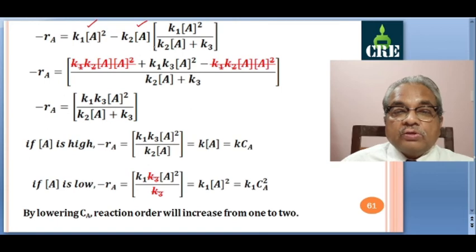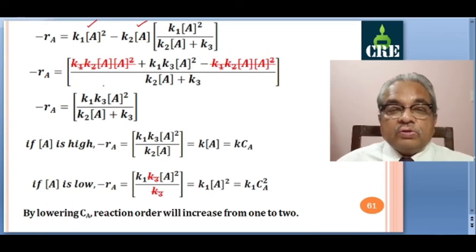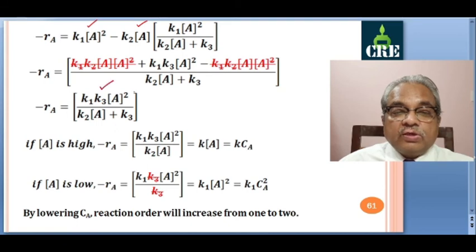Then you solve for this, K1 K2 A into A square and K1 K3 A square, K1 K2 A into A square cancels out with plus and minus sign. So you are left with simply K1 K3 concentration of A square in the numerator and K2 concentration of A plus K3 in the denominator.